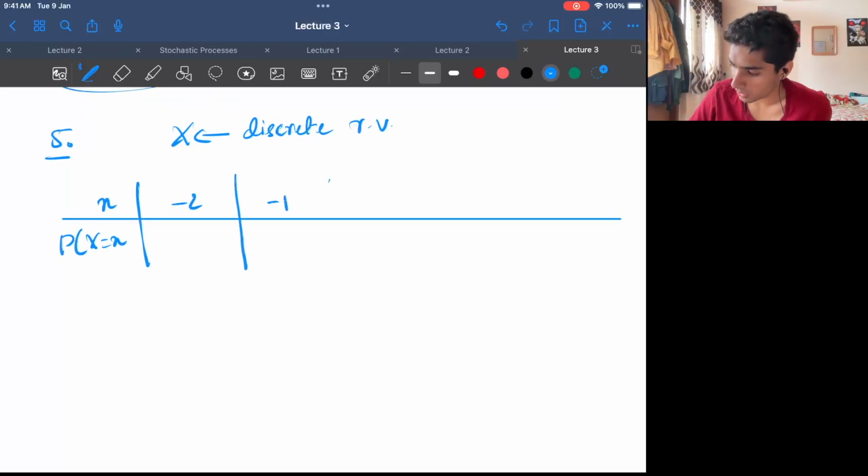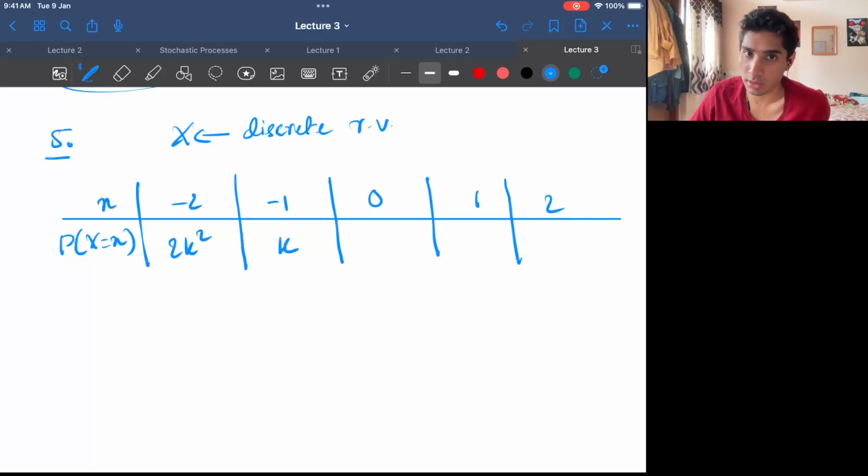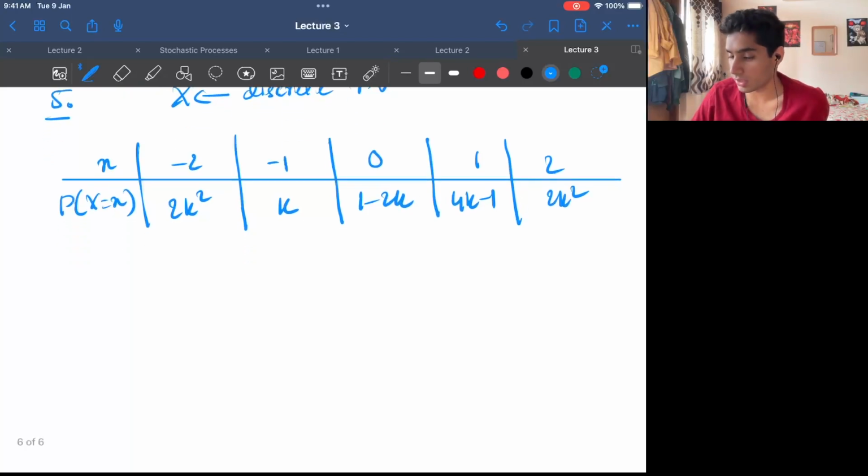Minus 2, minus 1, 0, 1 and 2. These are the possible values that x can take. And the probability of each one of them is given to you: 2k square, k, 1 minus 2k, 4k minus 1, 2k square. These are given to you.